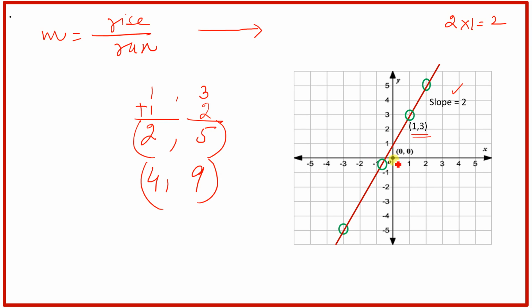Same thing, if we move negative 3 over 2, negative 3 over 2 means here in the direction of x, so the negative direction is here, right? Initially we were here on 1, so 1 plus negative 3 over 2, which is equal to 2 negative 3 over 2, which is equal to negative 1 over 2. Our x coordinate is minus 1 over 2.